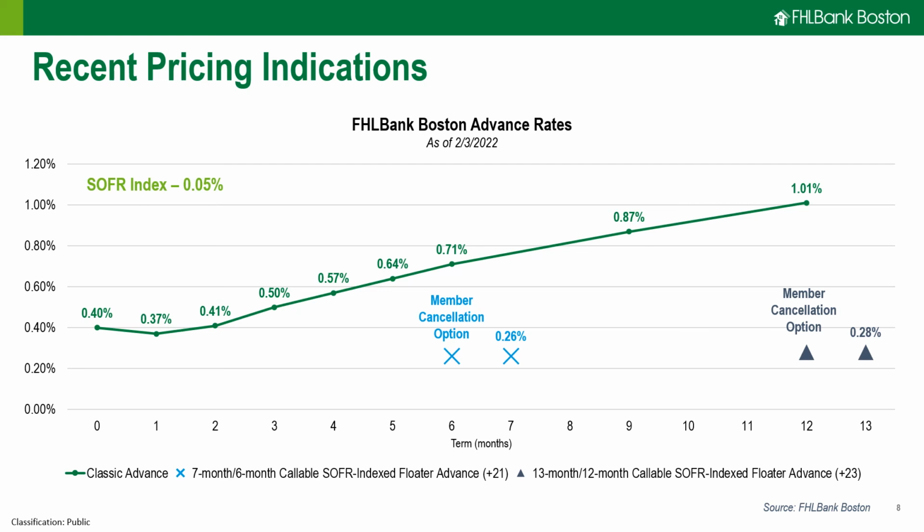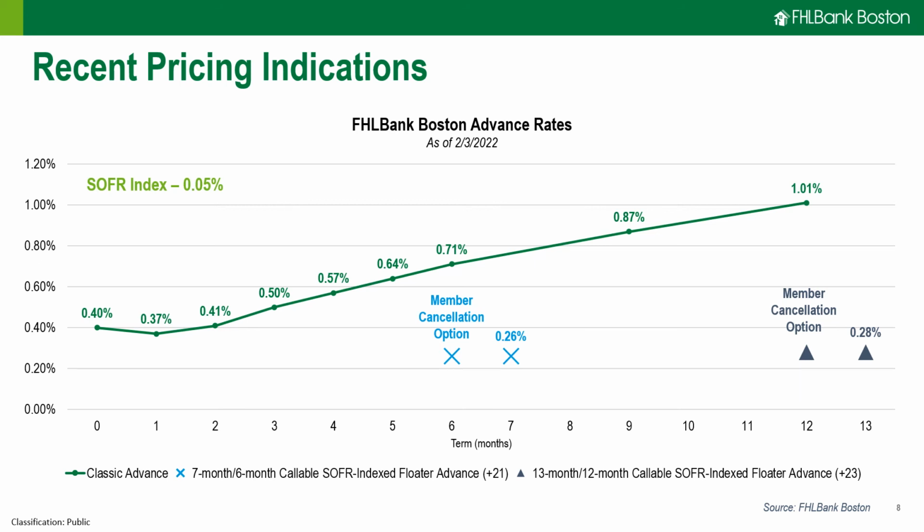So when we think about a floating rate advance product where the index is a daily reset rate, SOFR is at 5 basis points right now. The fact that the Fed may be considering rate hikes in the coming weeks and months, SOFR is not going to move higher until the actual day that it does, because it is a daily resetting rate.